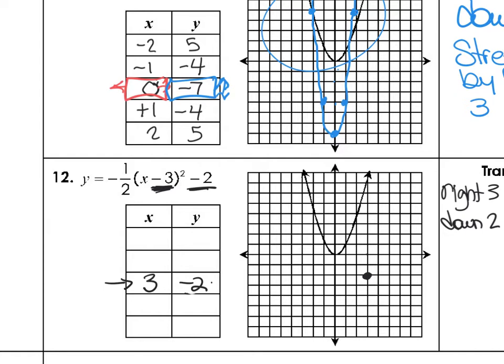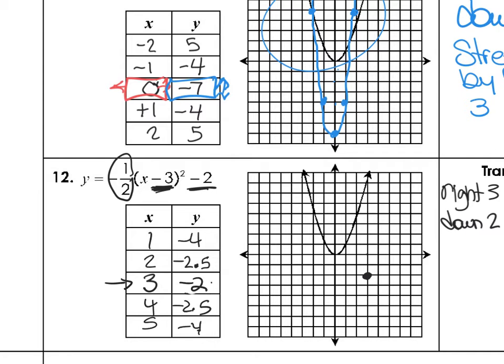And I want to go ahead and graph this entire graph so we can see what happens when a is a fraction. So let's plug in 1, 2, 3, 4, 5. You're going to get -4, -2.5, and -4.